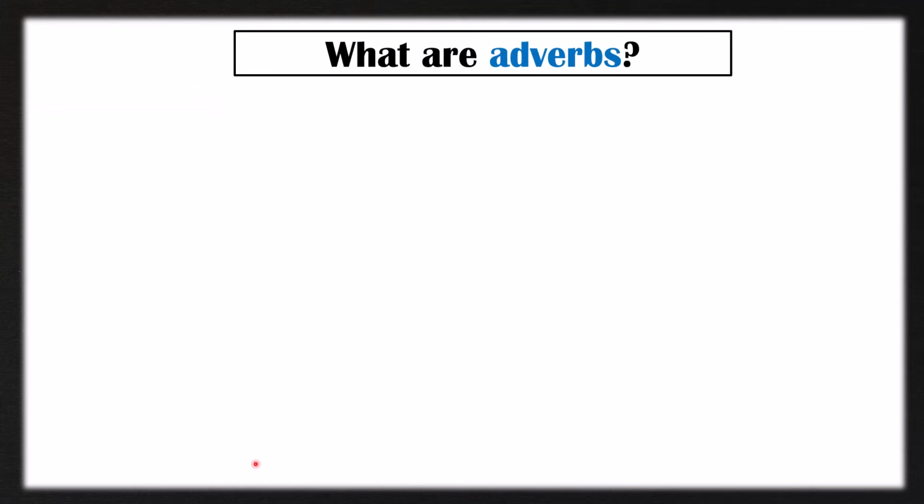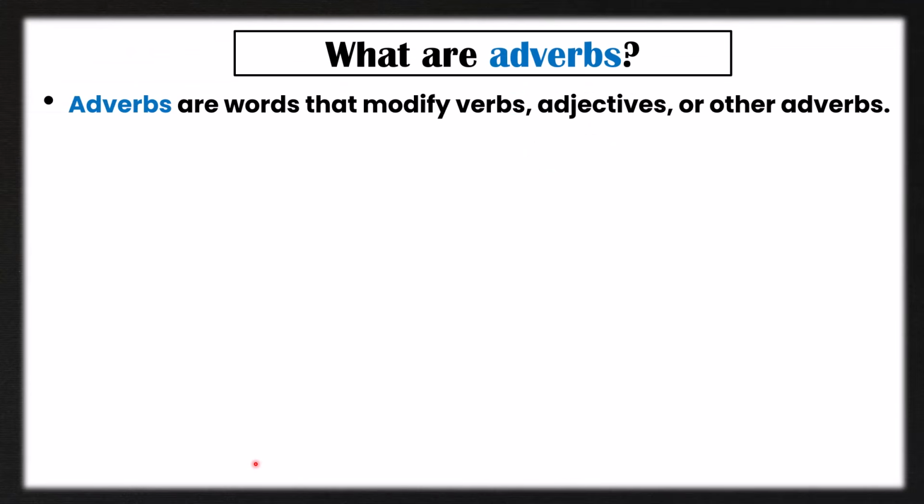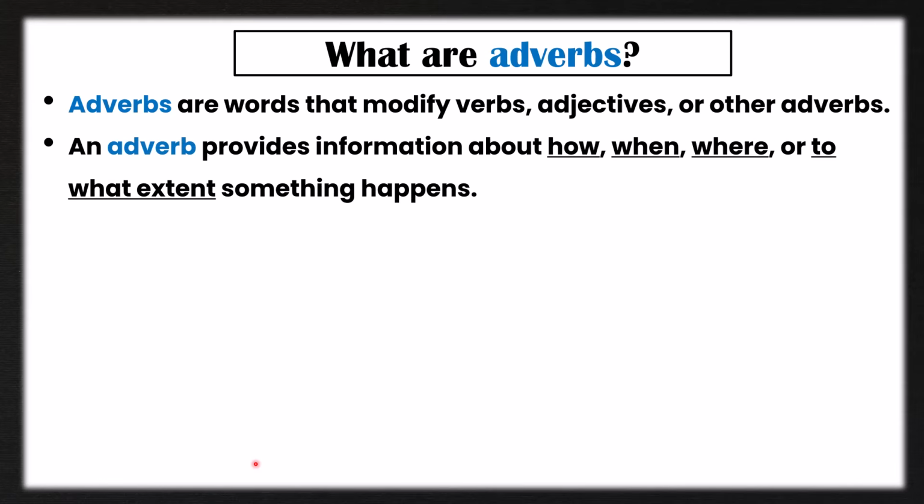Now let's talk about adverbs. And adverbs are words that modify verbs, adjectives, or other adverbs. An adverb provides information about how, when, where, or to what extent something happens.